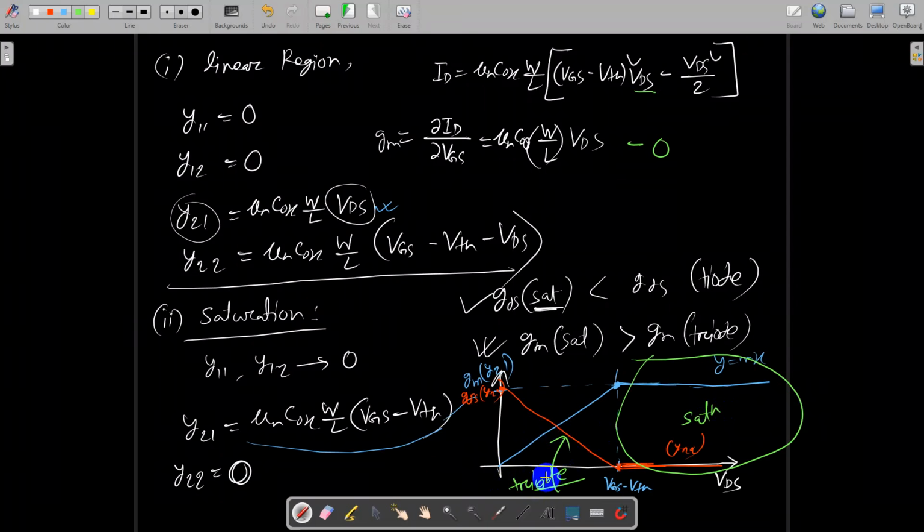Thanks for staying with us through all of the theory lecture. Now we'll see how we can plot the regions in Cadence and the effect of sweeping the voltages VGS and VDS. So let's see.